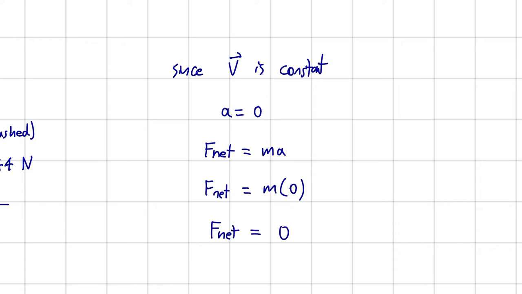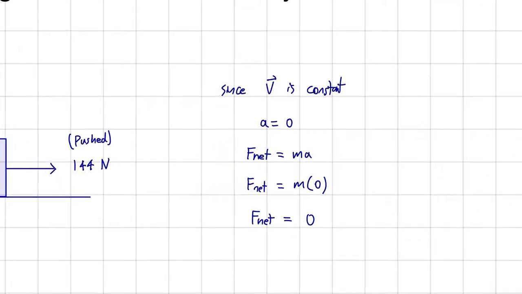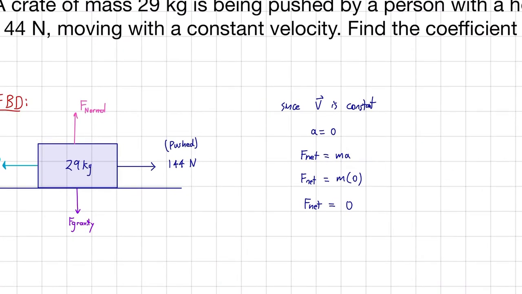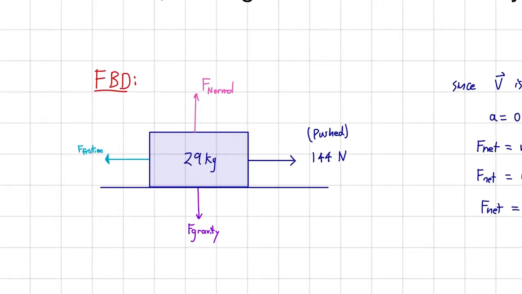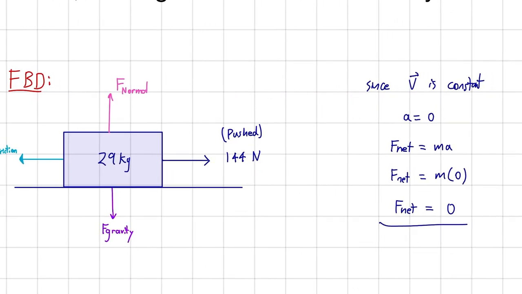This is important to realize when you're doing these problems: the net force when there's no acceleration is 0. You'll see this come up later in the example when we're doing our calculations, that the net force being 0 will help us to solve this problem.